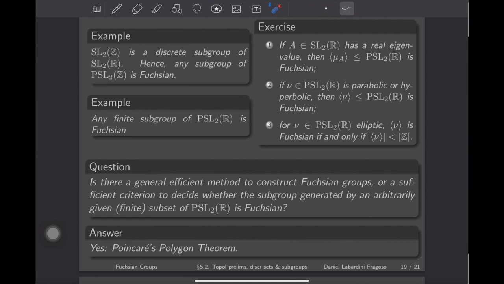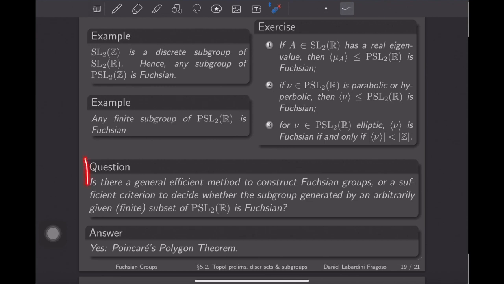Fortunately, there is an answer, and it's Poincaré's polygon theorem, which says that if you start with a certain hyperbolic polygon and a certain set of Mobius transformations that pair the sides of that polygon, and if these Mobius transformations satisfy certain global properties, which are actually not so hard to check, then the subgroup of PSL2R these Mobius transformations generate is discrete, and the polygon you started with has a certain geometric relation to that subgroup, namely it's a fundamental domain.